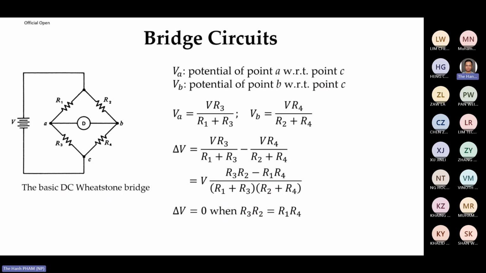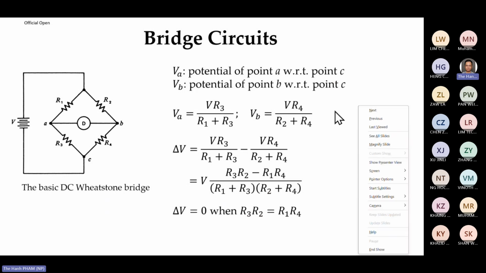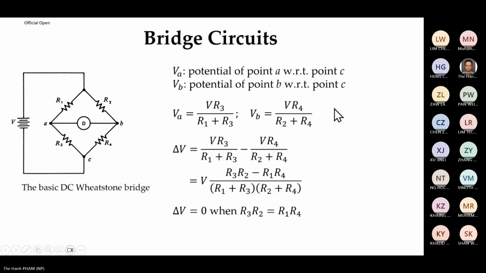Now the bridge circuit, I think you have seen it before, so I won't go through much detail on how to derive this. Basically, you have a voltage V here. Then you have R1, R2, R3, R4, and this is point A and B. You try to determine what is VAB.